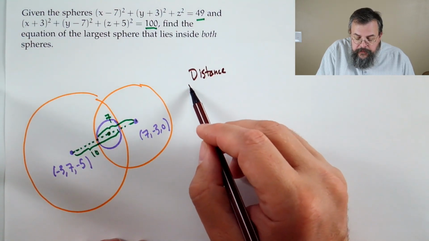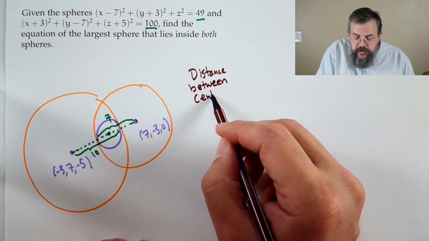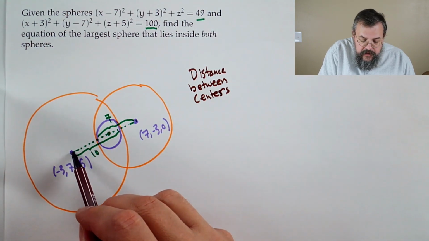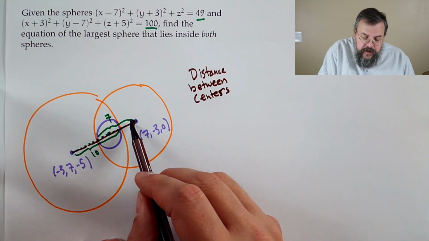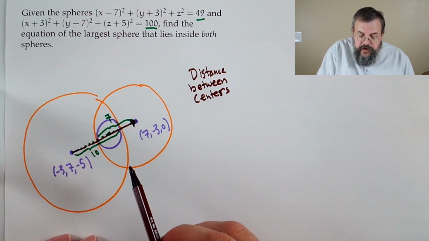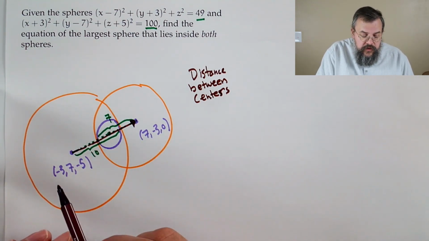Well, for that, we can start as a stepping stone. We can say, well, let's actually think of it as there's a vector. And it doesn't really matter where we start. Let's just go from here to there. So let's think of the vector from the center of the big sphere to the center of the small sphere. The length of the vector is equal to the distance. So what happened?